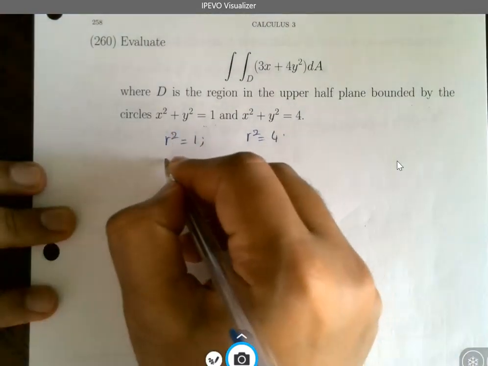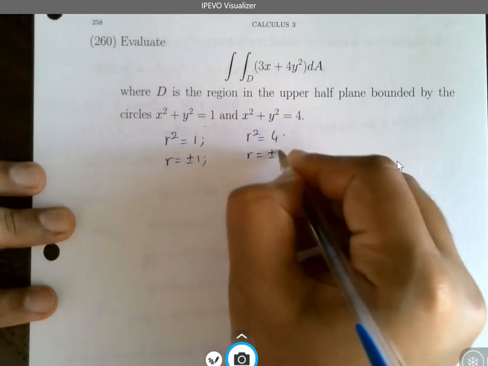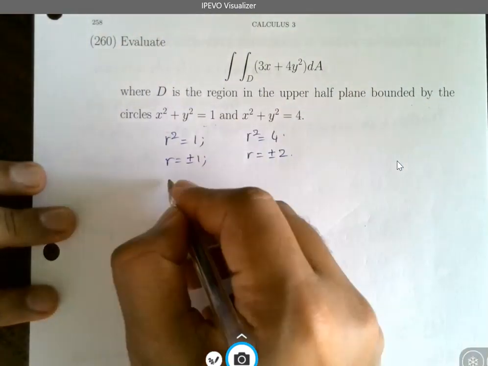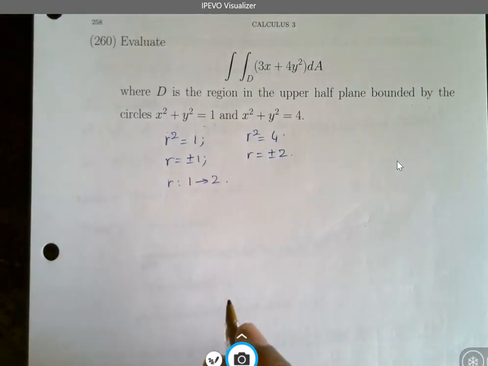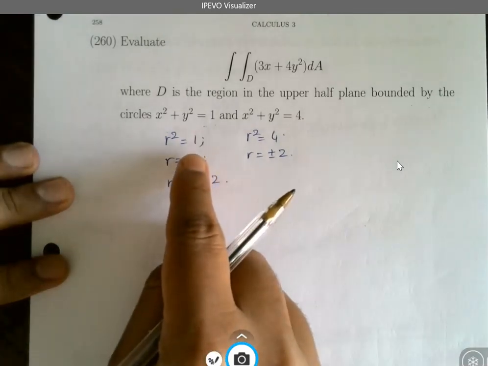Applying the square root, you get r equals plus or minus 1 to plus or minus 2. But the radius cannot be negative, so you are really changing the radius from 1 to 2.